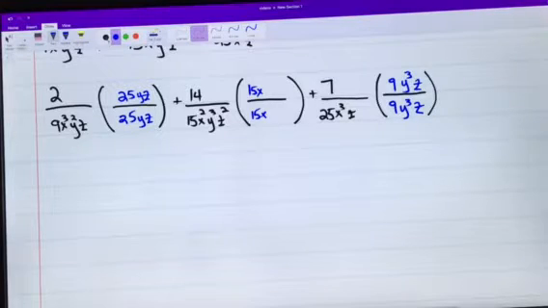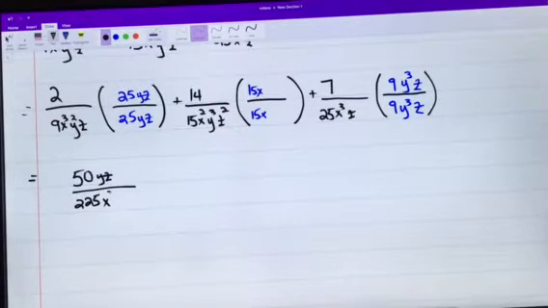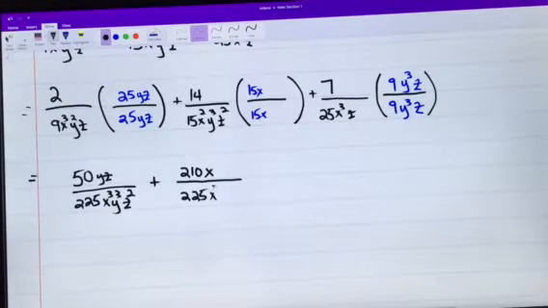So, multiplying out the numerators and denominators, we have 2 times 25yz, so 50yz, and the denominator, again, is 225 x to the third, y to the third, z squared.